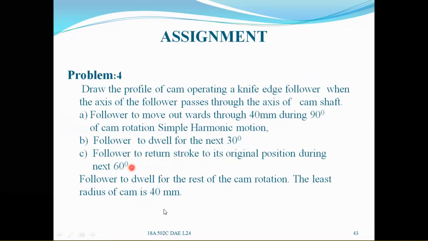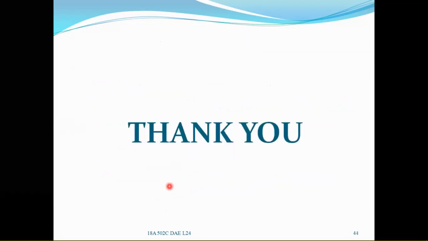It is not mentioned, but we have to assume it is simple harmonic motion. The follower dwells for the rest of the cam rotation. The least radius of the cam is 40 mm. This is also a simple problem like the second problem.